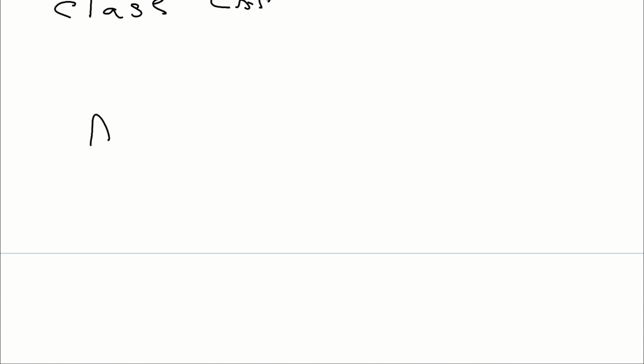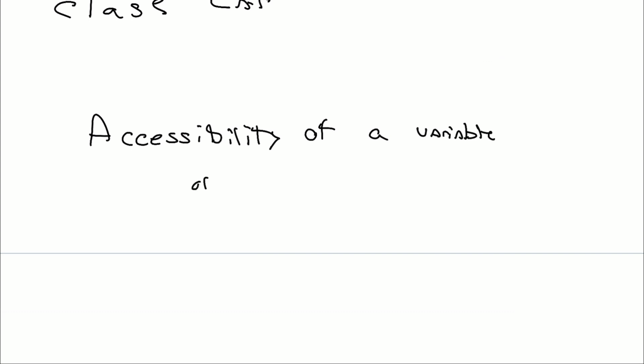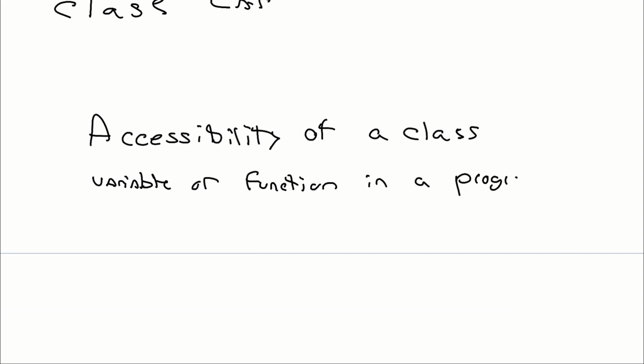And this is going to be called the accessibility of a class variable or function in a program.